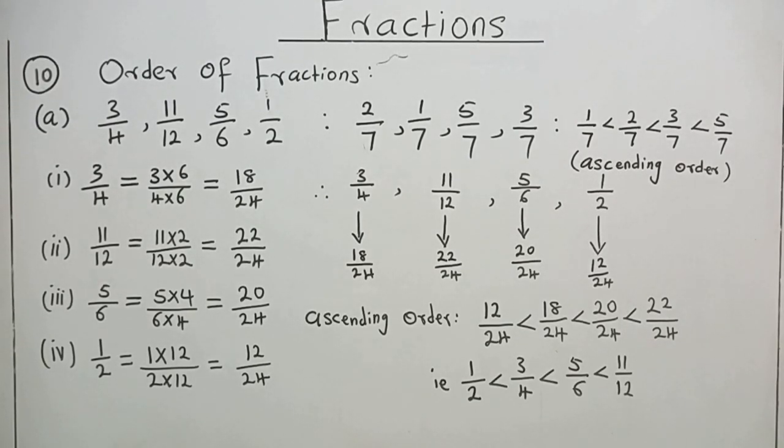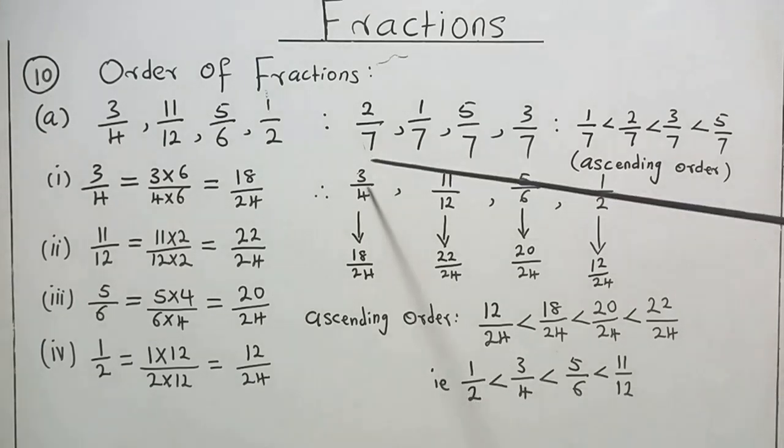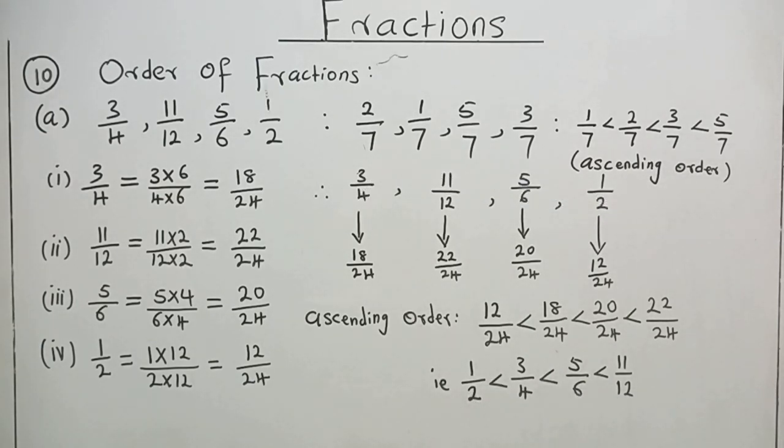Now, finally, you can see the arrangement of these 4 fractions in ascending order. Because of this arrangement, we conclude that 1 over 2 is less than 3 over 4, and 3 over 4 is less than 5 over 6, and 5 over 6 is less than 11 over 12.